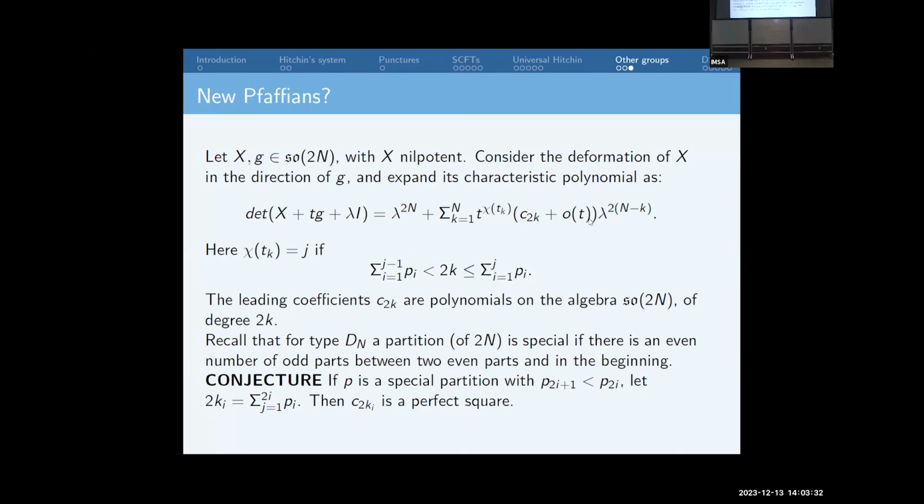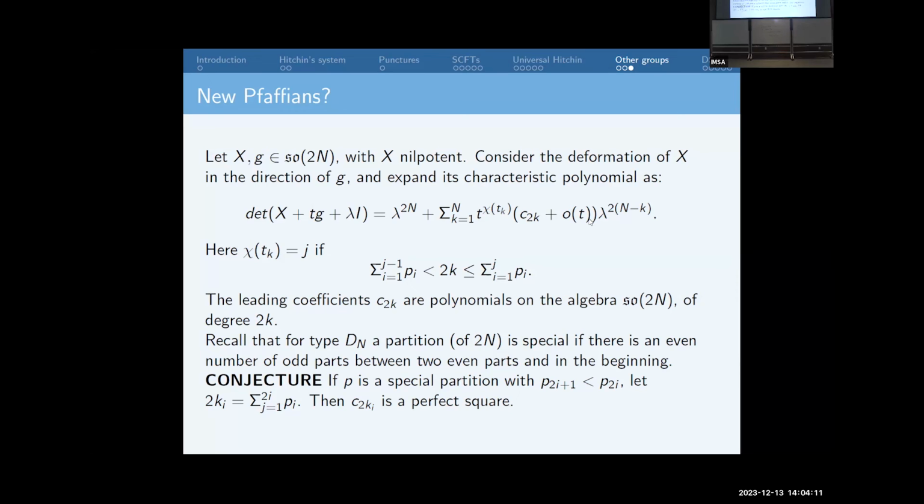If you take the sum of the parts p_i in decreasing order, and if you have 2k which is between the sum of the first j minus 1 and the first j, then you say that chi equals j. You can go back and check that these chi's are exactly the same as the chi's that I have over here, because of the order of vanishing determined by the, yeah, but in the case of type D.